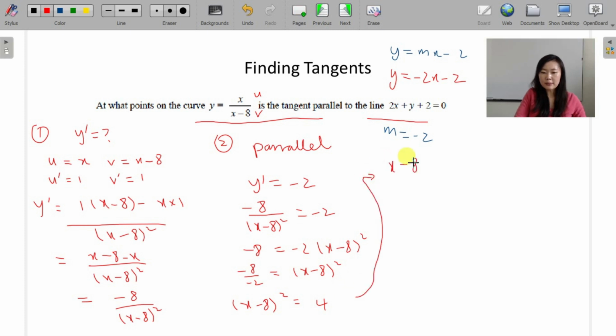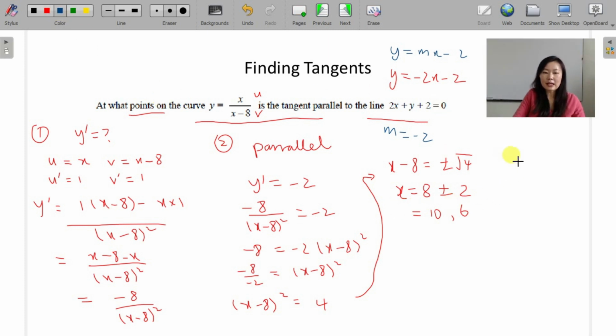And then I'm not going to expand it, but instead I'm going to square root it. It's already factorized, right? Why waste more time to simplify? So root 4 is 2. So that's 10 and 6. Now notice it says points, not the x coordinate. So you need to give points, which is x and y coordinates.